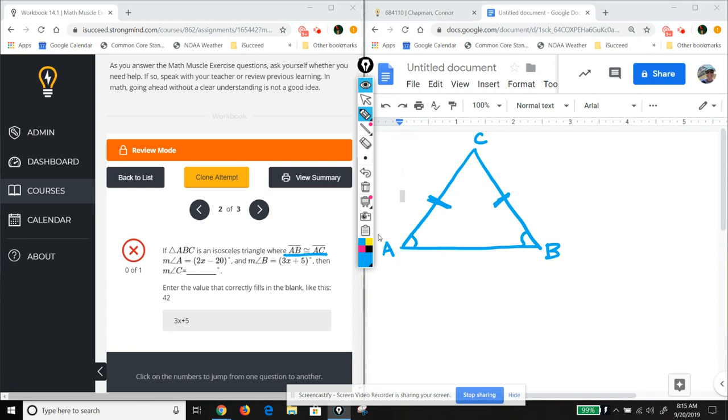Now, the reason that's really important is because I know that the measurement of angle A is 2x minus 20. So I'm going to label that here. And I know that the measurement of angle B is 3x plus... Did I label these wrong? I totally did. Oh, snap. AB, I did AC and CB, didn't I?